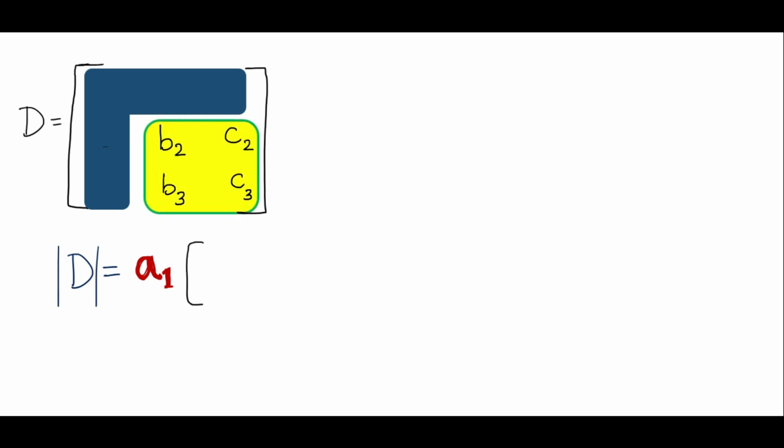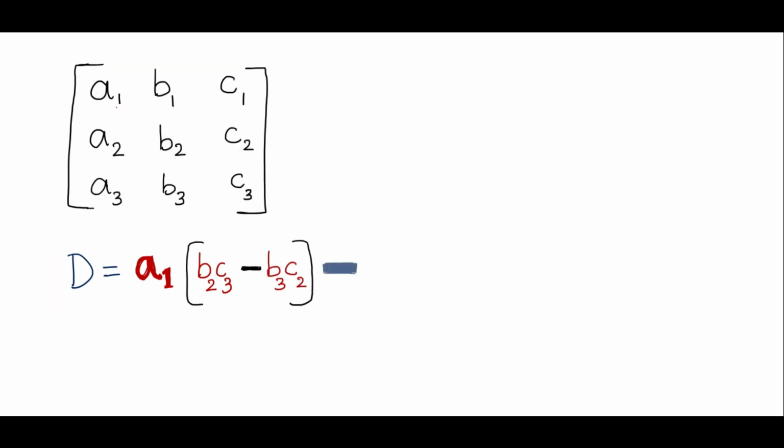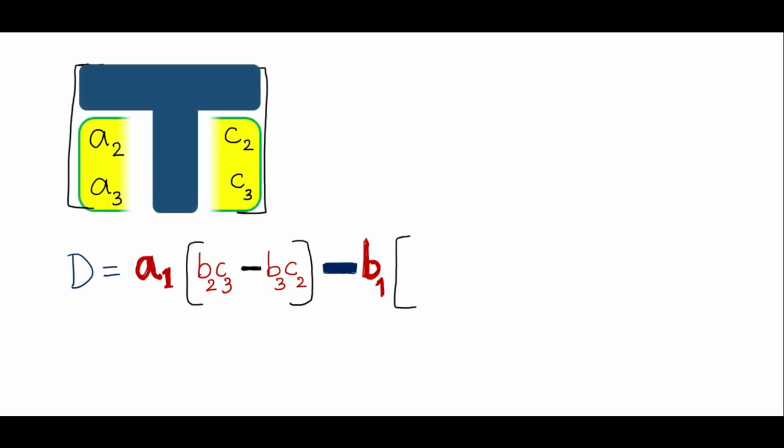And you have to find the determinant of this matrix, which is B2 multiplied by C3 minus B3 multiplied by C2. Then you subtract B1, which is the second element in the first row, and then you discard the row and the column that has B1 and look only at the matrix that is formed by the elements A2, A3, C2 and C3.